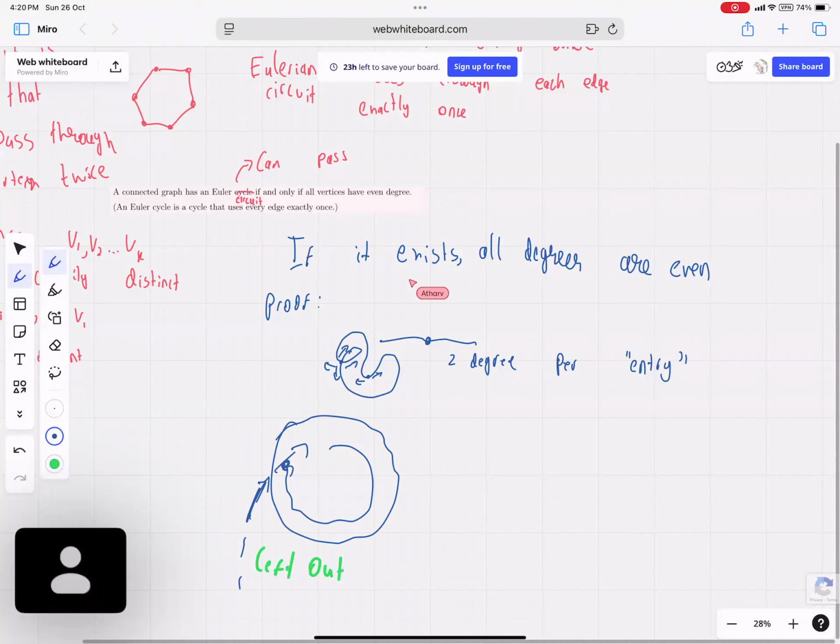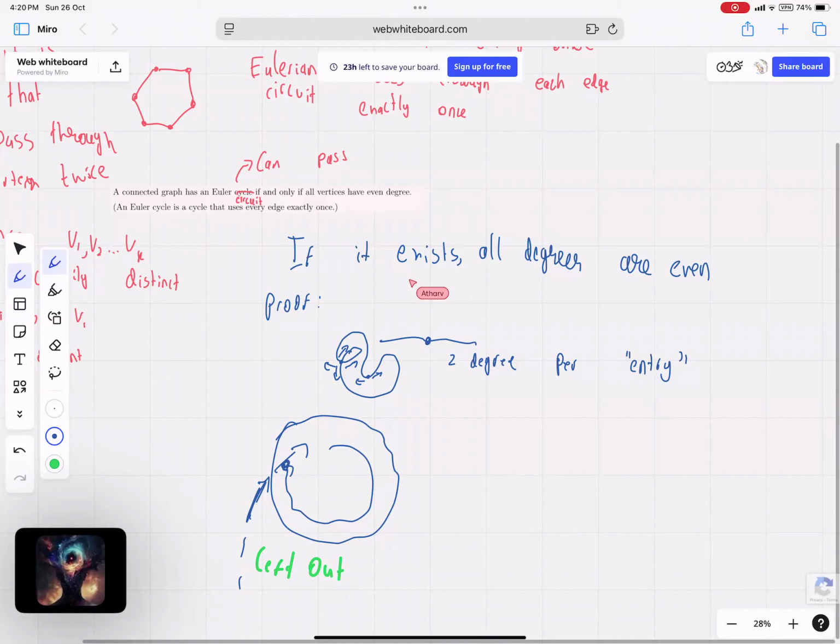Okay, Paras, you're saying induction. How do you propose to do that? Paras, are you there? Okay. Wait, can induction even work? Like deleting an edge or something.